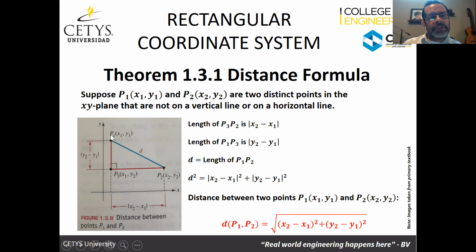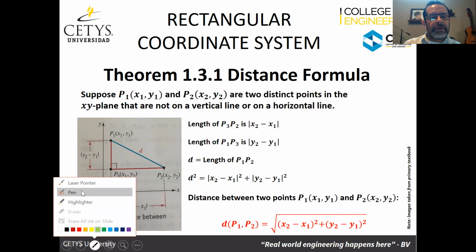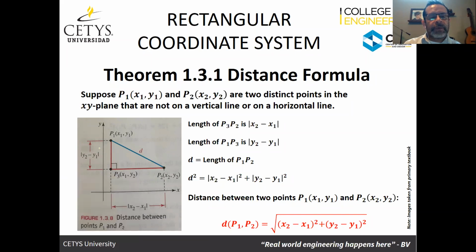So if I've got 2 points, point 1 and point 2, that are located in the Cartesian plane, so I've got point 1 here, and I've got point 2 here. Using the formula for the distance between 2 points, I can find the x distance, which is given by this length here.